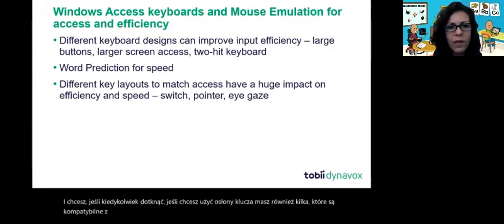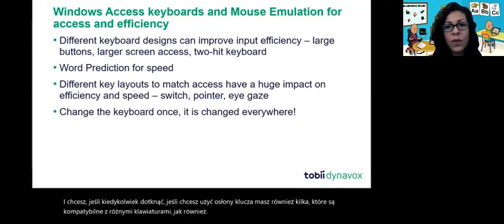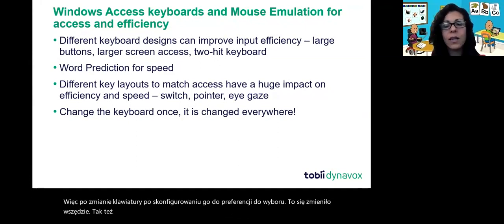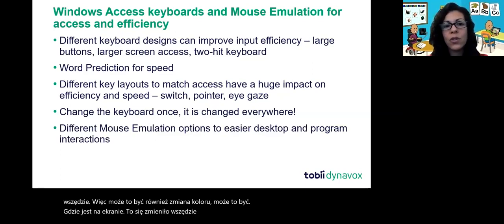So once you change the keyboard, once you've configured it to the preference of your choice, it's changed everywhere. So it could also be a color change. It could be where it is on the screen. It's changed everywhere. So there are different mouse emulation options to make desktop access and program interactions easier.